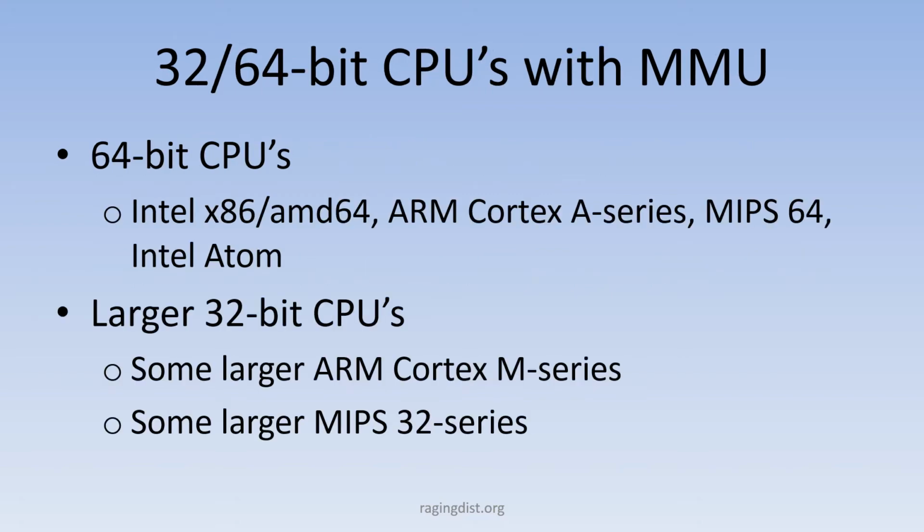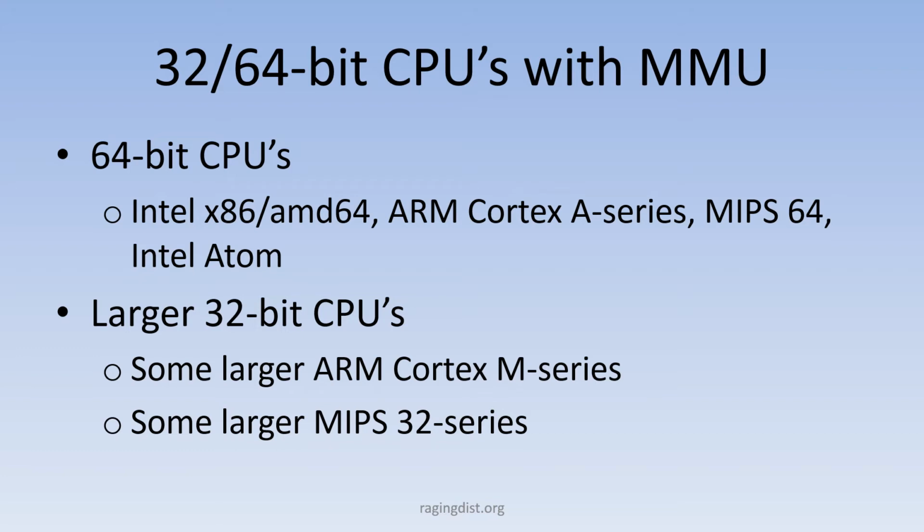The 32 and 64-bit CPUs that have MMUs, we all know the Intel x86, the AMD 64 CPUs used in PCs, the higher end ARM Cortex-A series, MIPS 64, Intel Atom, all these things are MMU equipped.